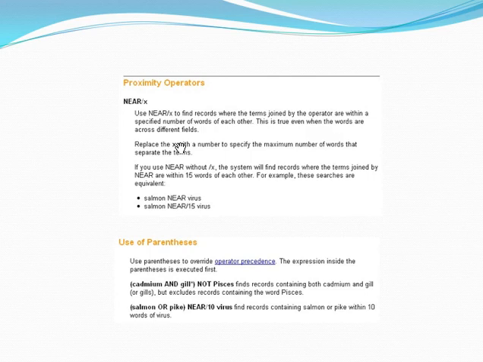In this case, this is Web of Science, and they use the word NEAR, and use NEAR/x to find records where the terms joined by the operator are within a specific number of words of each other. For example, here we have salmon NEAR/15 virus, so they have to be within 15 words of each other. That's a very powerful command that you can use.